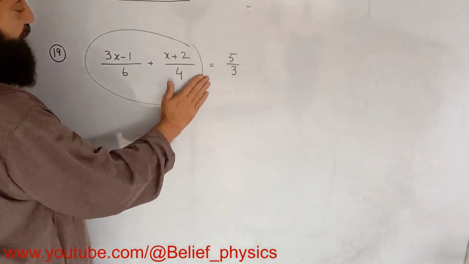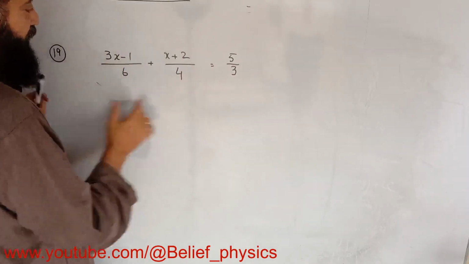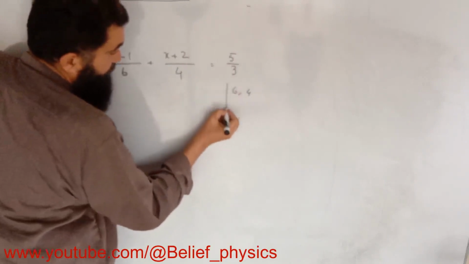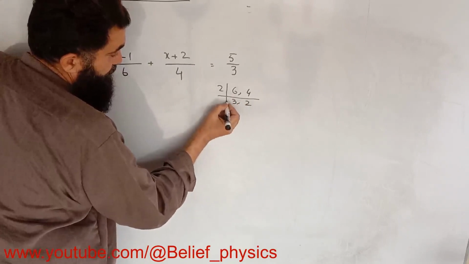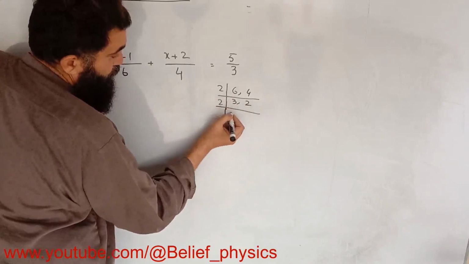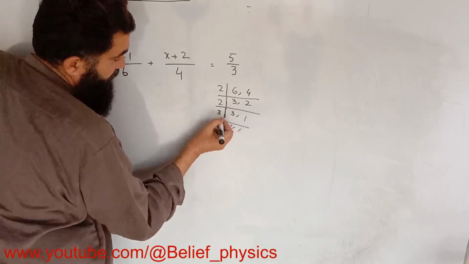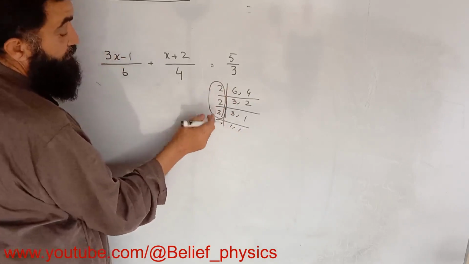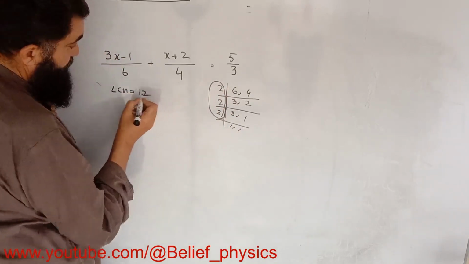We will take the LCM of 6 and 4. To find the LCM, we can use the prime factorization method. The LCM is equal to 12.